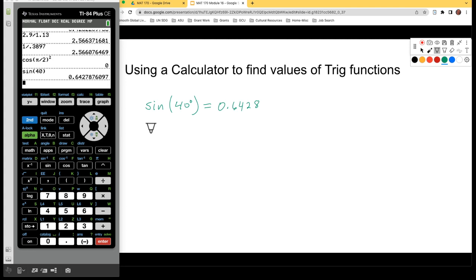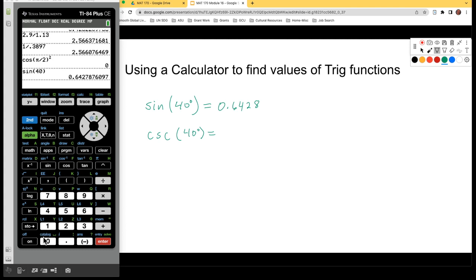Again, what if I wanted to find the cosecant of a value? I guess we'll go ahead and go with 40 degrees. There is no function in here for cosecant. It's not sine to the minus 1. We're going to talk about that later. That's an inverse sine.